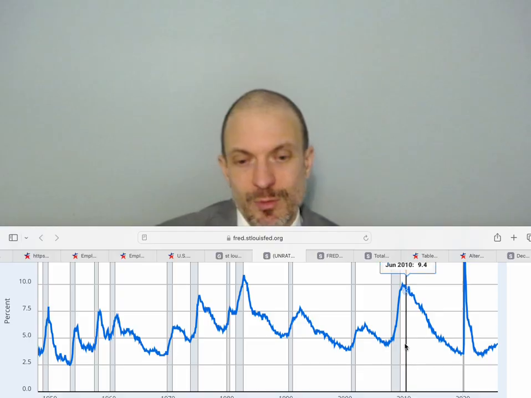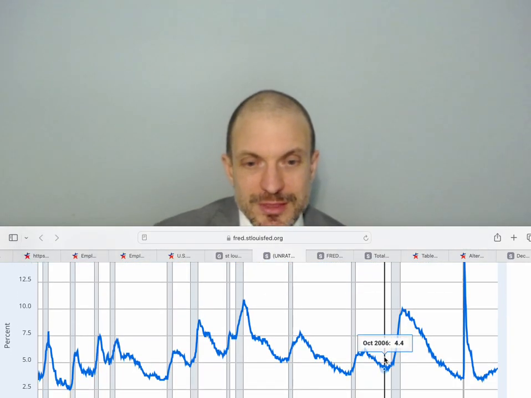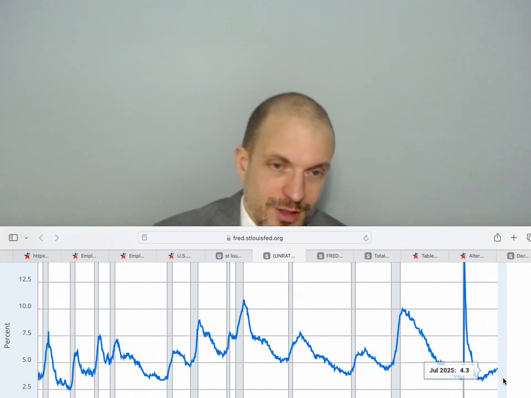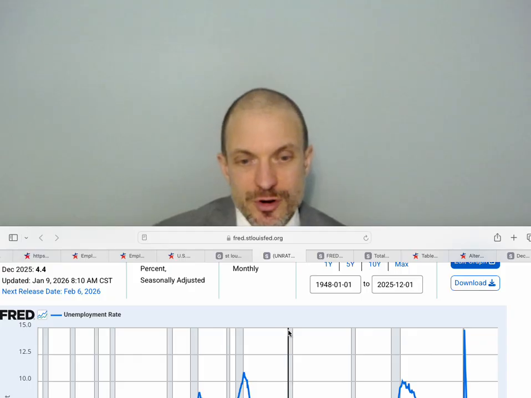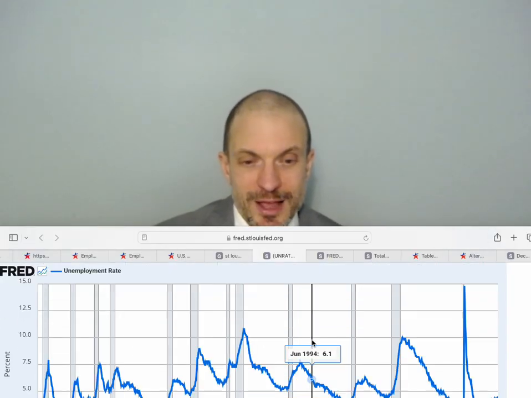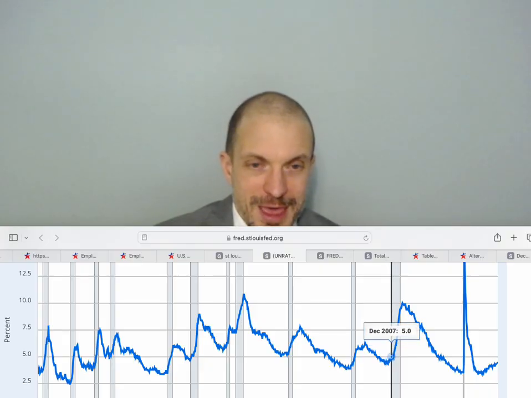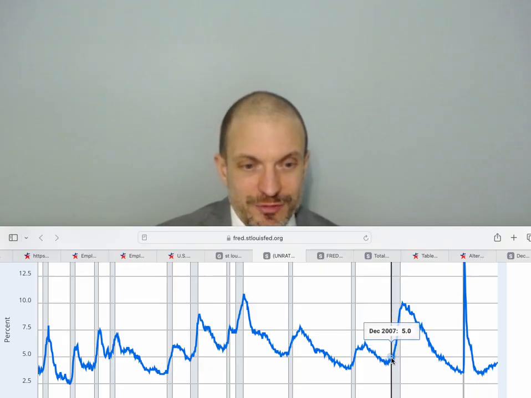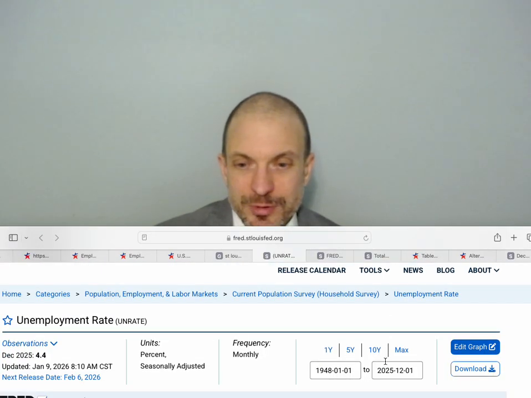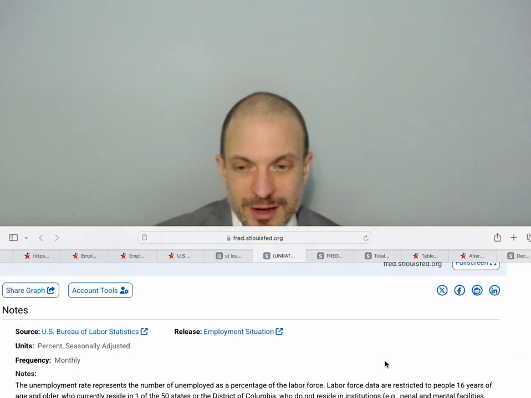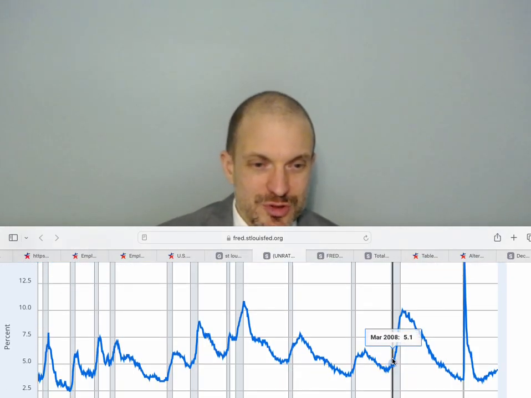So what I'm going to do, if you're not watching, is I've got the graph up, and on the graph there's the unemployment rate itself, the U6 measure, in blue, but then there are these vertical gray bands that correspond to recessions. If I go to the gray band corresponding to the Great Recession, the financial crisis, I've got the U3 measure, so I'll have to go to the U6 measure in a second.